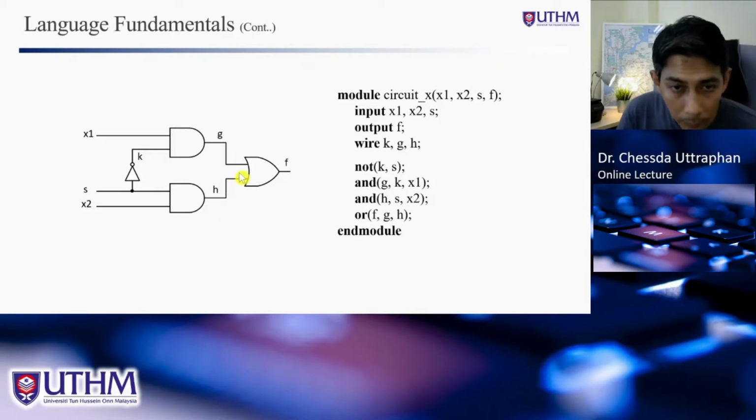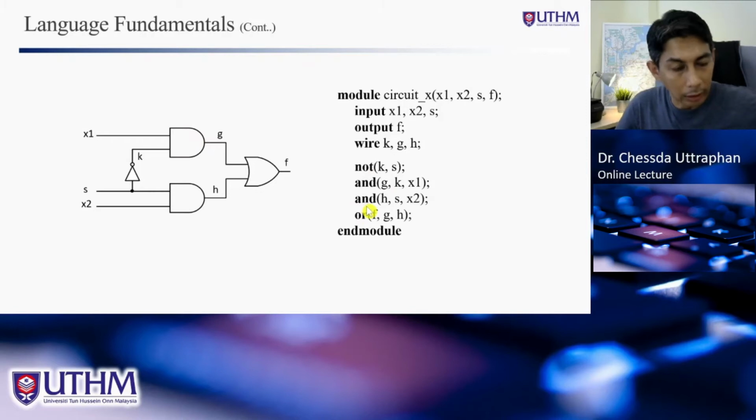To describe this circuit is very easy. You can instantiate the gates. The first gate will be the NOT gate, or maybe you can start with another gate. The order doesn't matter. You can start with any gate that you want. All of these will be executed concurrently, because we design hardware, not a computer program, where execution happens in sequence: this one, later this one, this one.